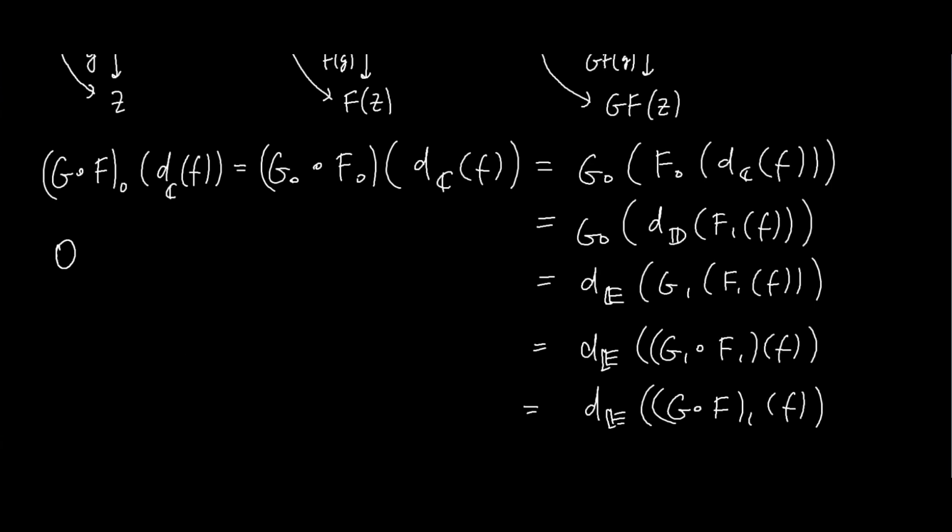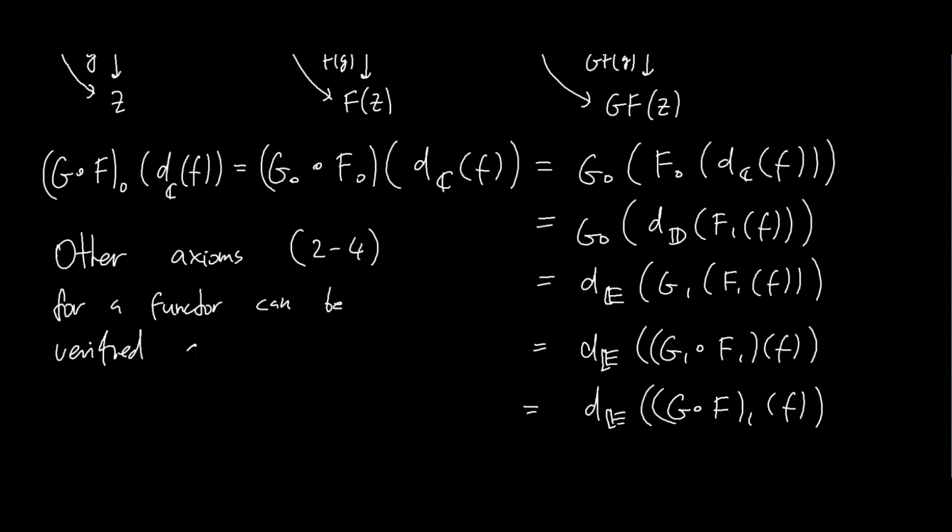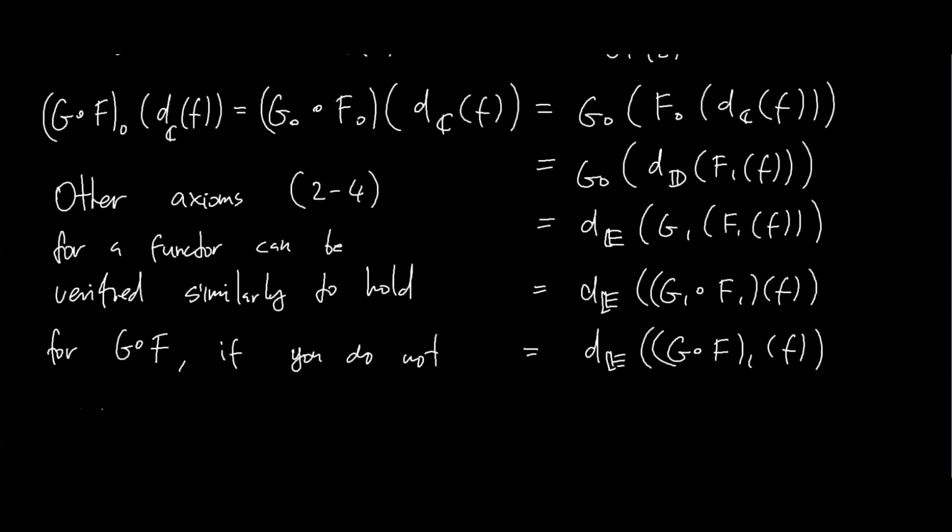So the other axioms, meaning 2, 2, 4, for a functor can be verified similarly to hold for g composed with f, if you do not believe the picture.